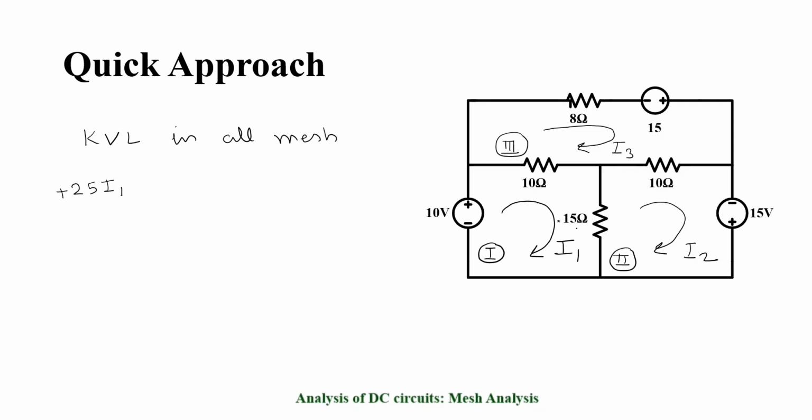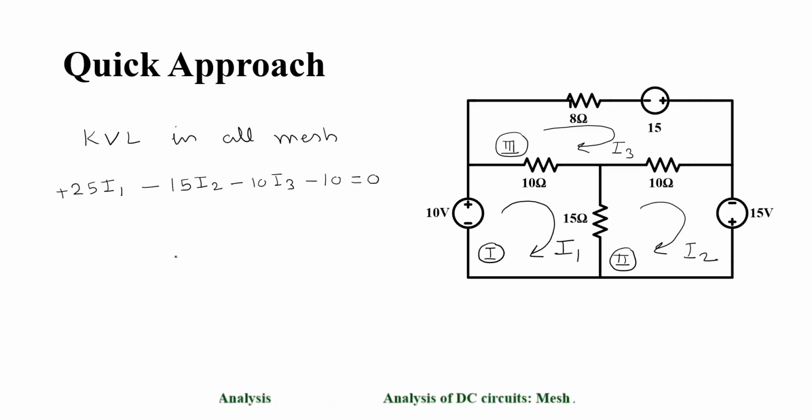So I2 will be minus 15, since I2 is flowing in the 15 ohm. So minus 15 I2. And I3 is flowing in the 10 ohm, so this will be minus 10 I3. And since I am moving in a clockwise direction, I am reaching minus 10 over here. So this minus 10 will be on the right side.